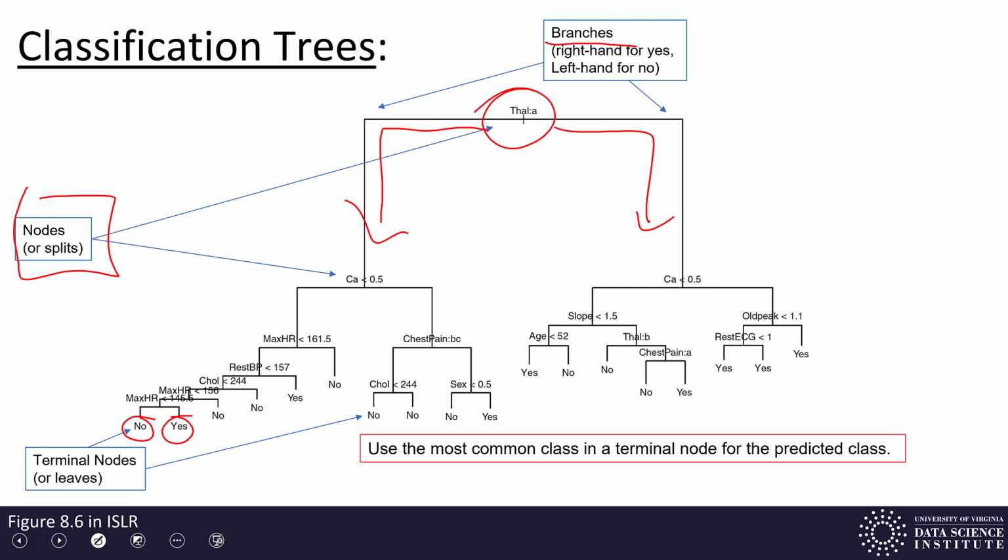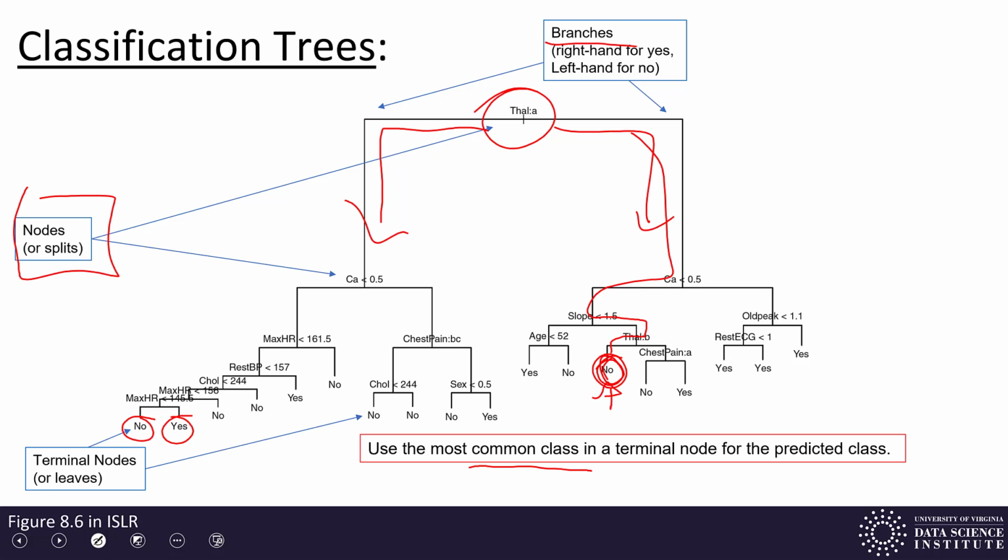The one thing that's different between classification trees and regression trees is how we assign our class. We take all the data points from the training data that followed some sequence and ended up in this node, and we look at the most common class among those observations, and that's what we assign for that node.